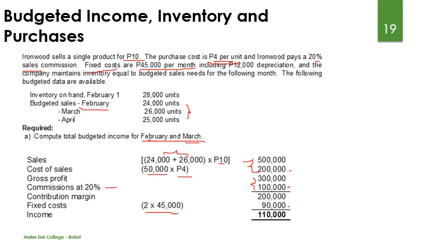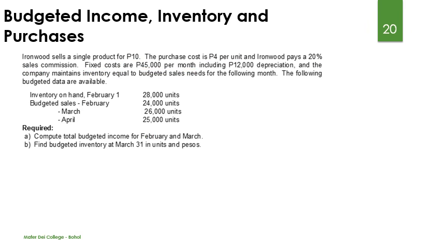It depends on the requirement of the problem. Since we are asked to compute for 2 months, February and March, that's why we need to double the fixed cost. So the income would be 110,000 pesos. Okay, B, find the budgeted inventory at March 31 in units and in pesos.